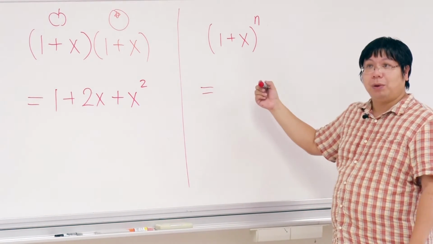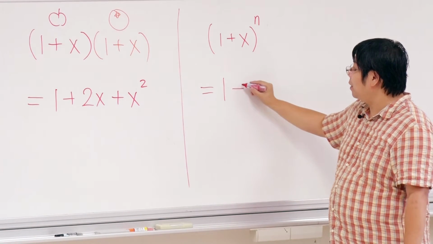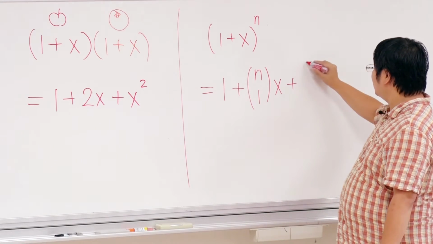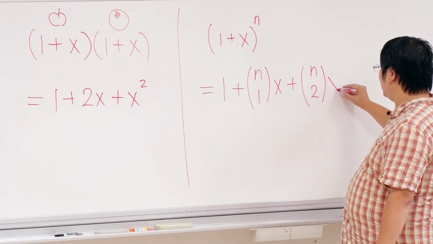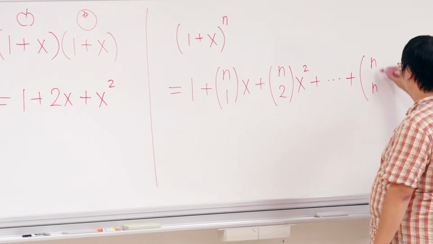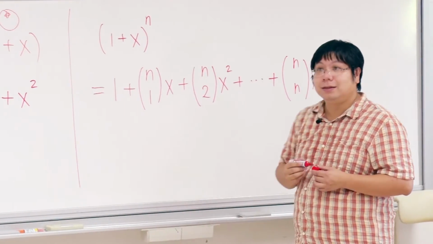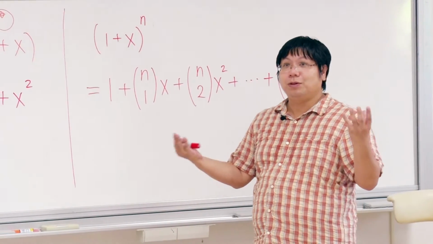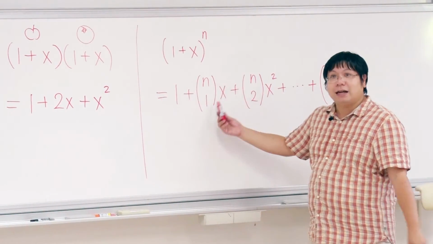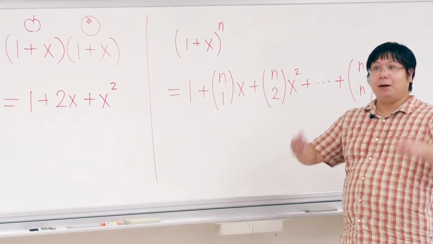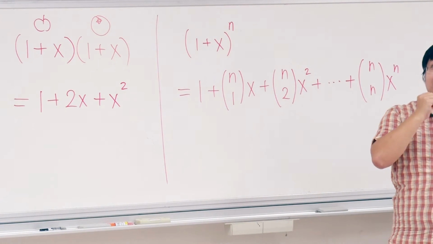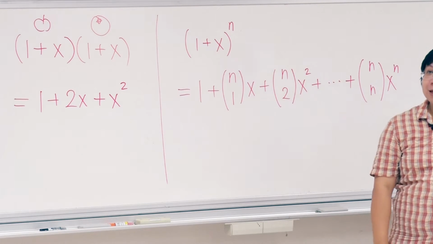So if we expand it, what do we have? This is going to be 1 plus n choose 1 x plus n choose 2 x squared plus dot dot dot up to n choose n x to the power n, right? This is exactly what we have done. Because there are exactly n choose 1 ways of picking one thing, exactly n choose 2 ways of picking 2 things, exactly n choose 3 ways of picking 3 things, right?